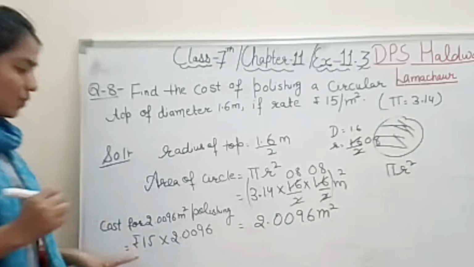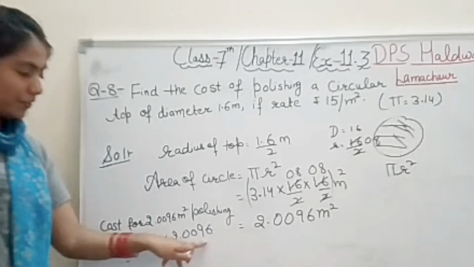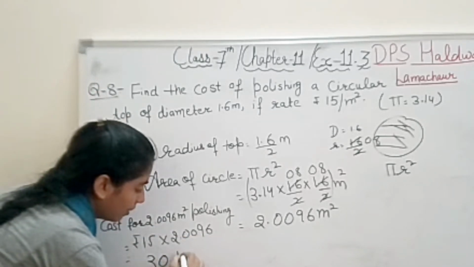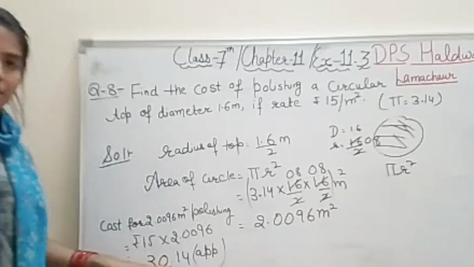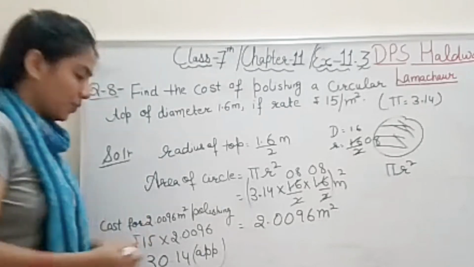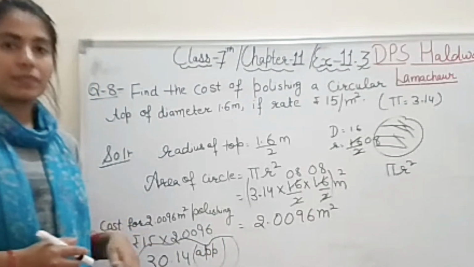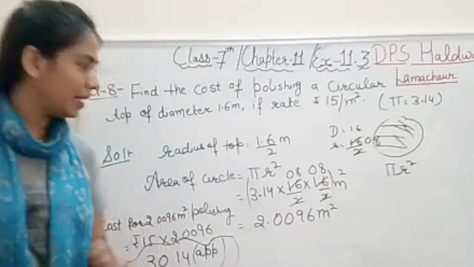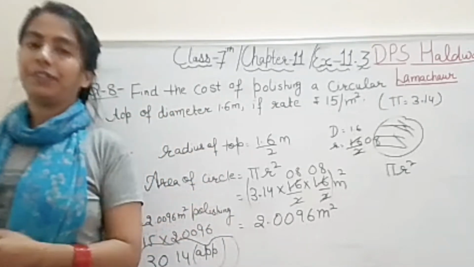So after solving this, we get the answer. After the decimal there are 3 digits, so we say approximately, your choice, because after the decimal we usually take 2 or 3 digits only. So it means this much is the approximate cost for polishing this much area. Right, student? See, again the same type of question, just the values are different.